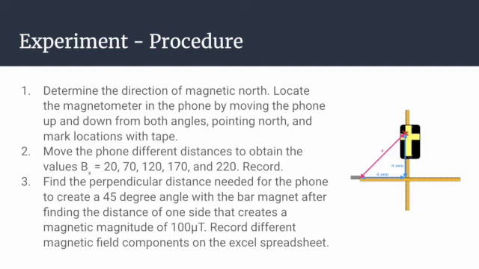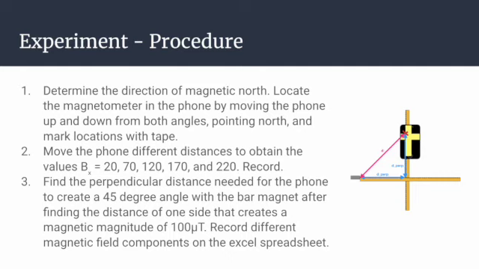Moving the phone from different distances will obtain the values B for X, which will equal 20, 70, 120, 170, and 220. And then we'll find the perpendicular distance needed for the phone to create a 45-degree angle with the bar magnet after finding the distance of one side that creates a magnetic magnitude of 100 microteslas.